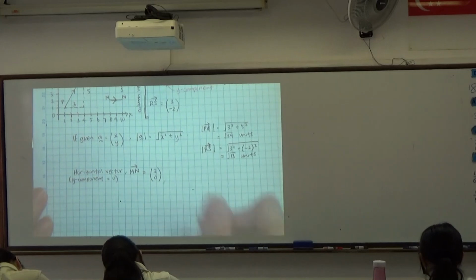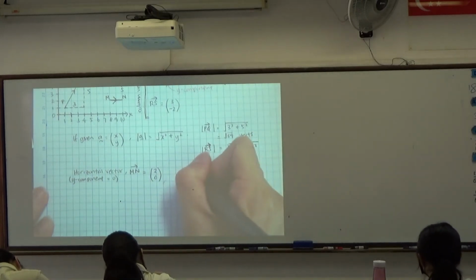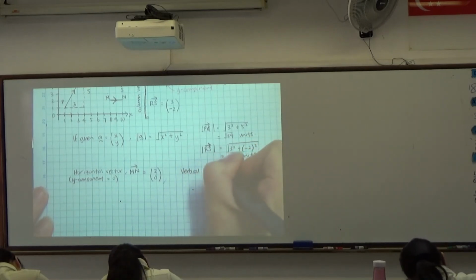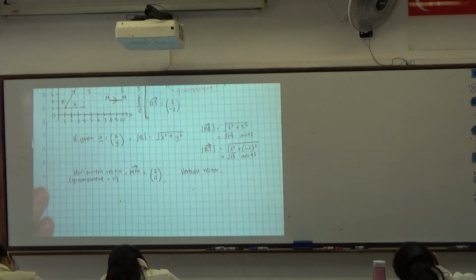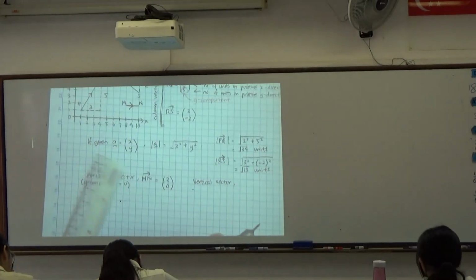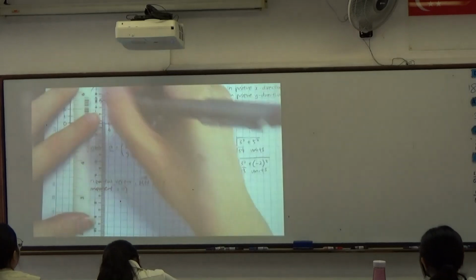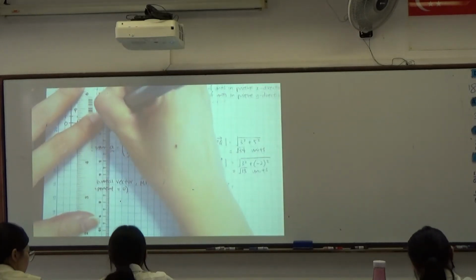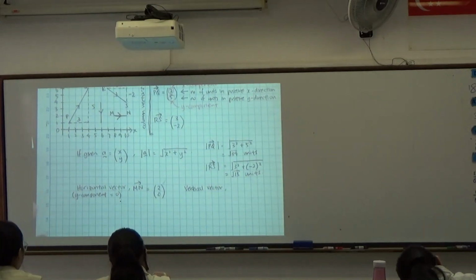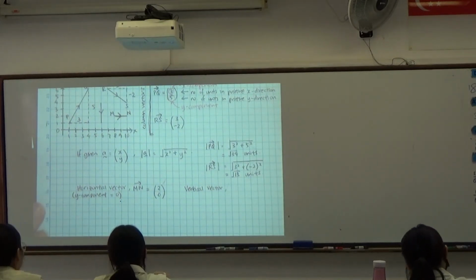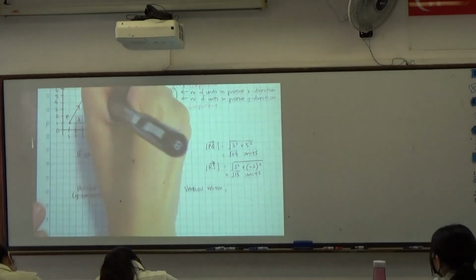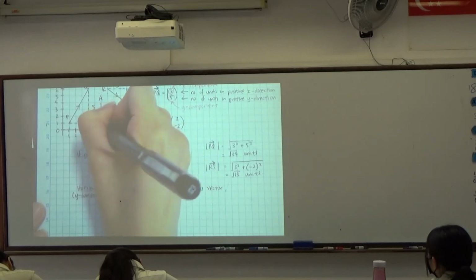In contrast, your vertical vector, maybe I will choose to squeeze it here. What letters have I not used? RS. Let's call it AB then.